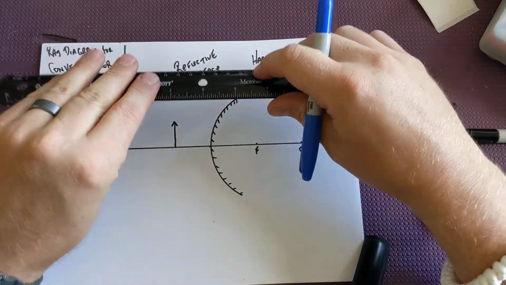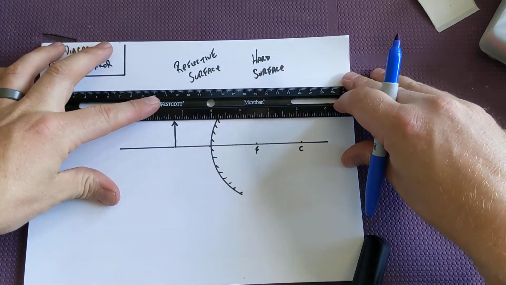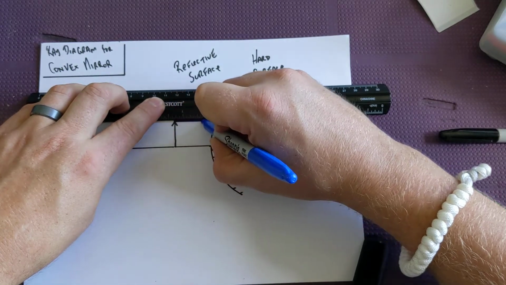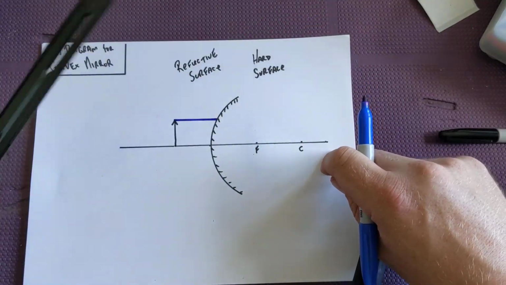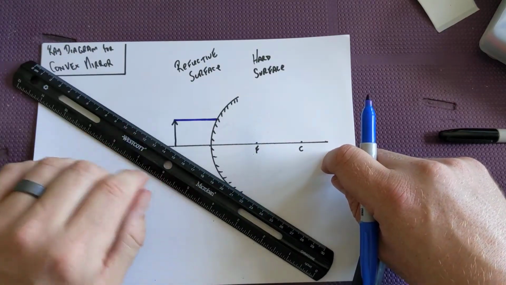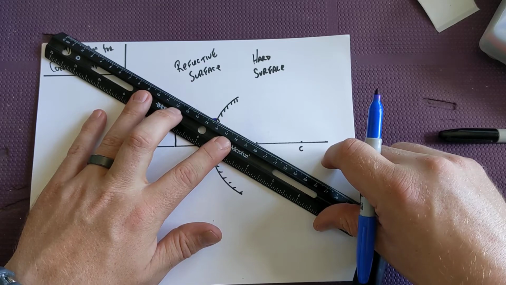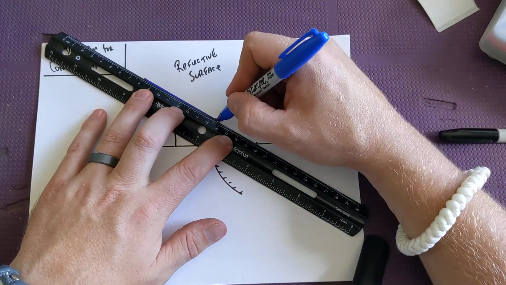So as usual though, our first ray comes off the object parallel to the principal axis. And it's going to bounce back through the focal point. All right, it bounces this way.